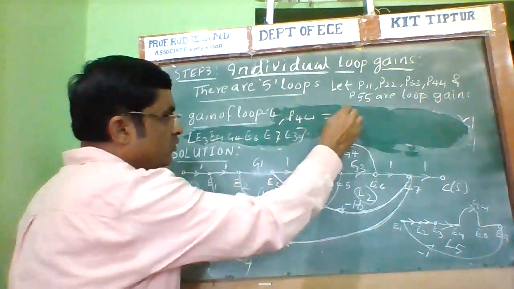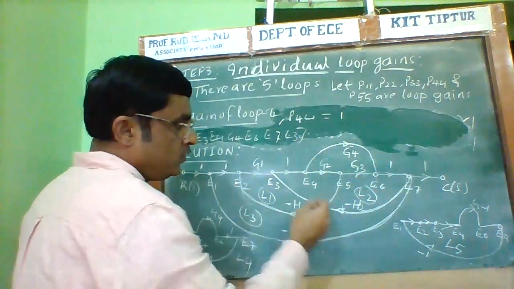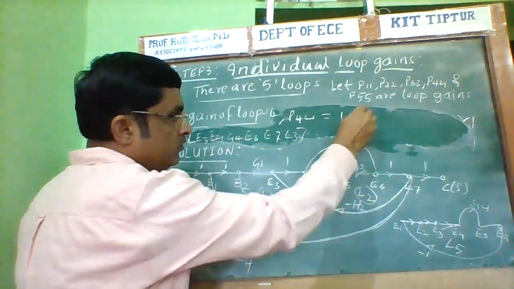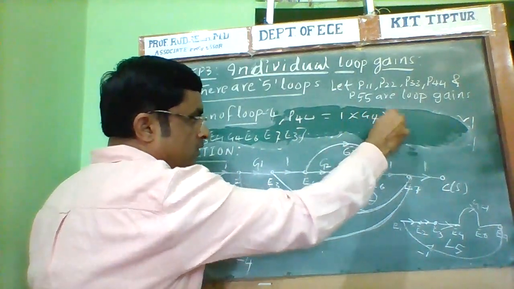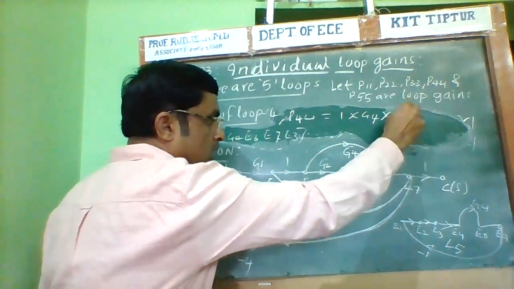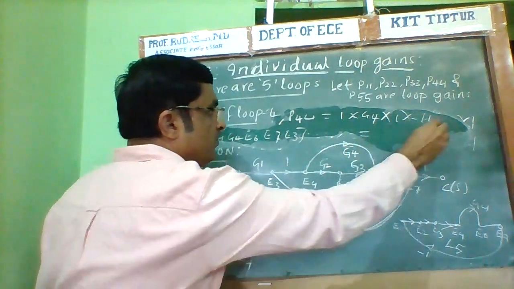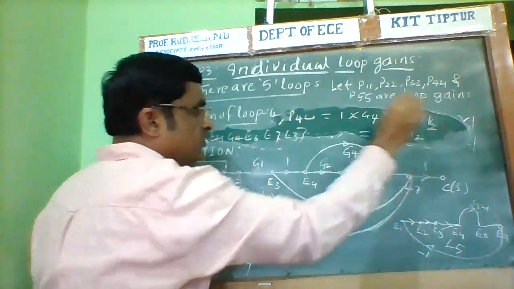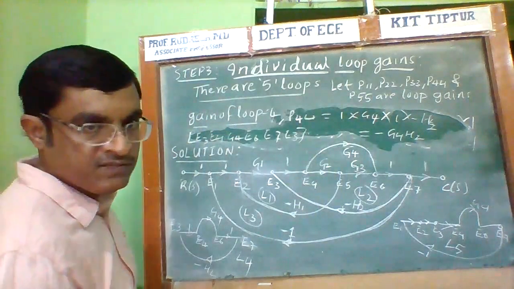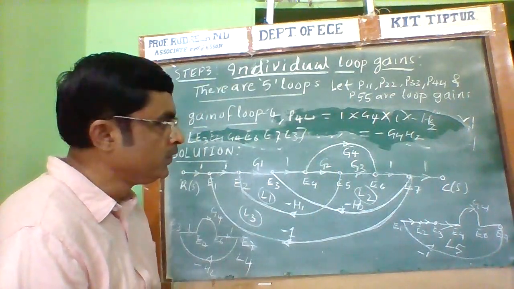The branch transmittance is 1 into G4, then this branch transmittance is G4 into 1 into minus H2. Therefore, minus G4 H2 is the gain of loop 4.